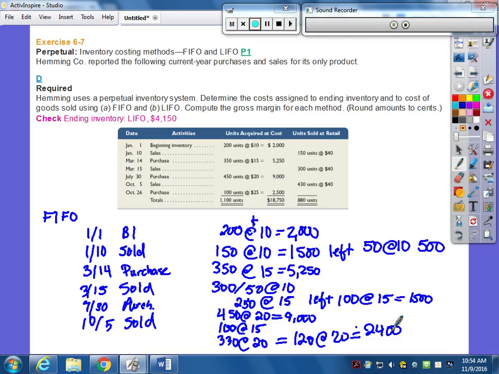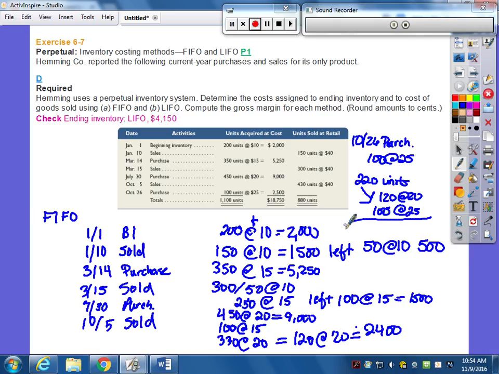2,400. And so that's the value of inventory right now. And then on 10/26, they purchased more, 100 units at $25. So now they should have a total of 220 units left. That stems from 120 at $20 and then 100 at $25. So what's the total value of this inventory right now?